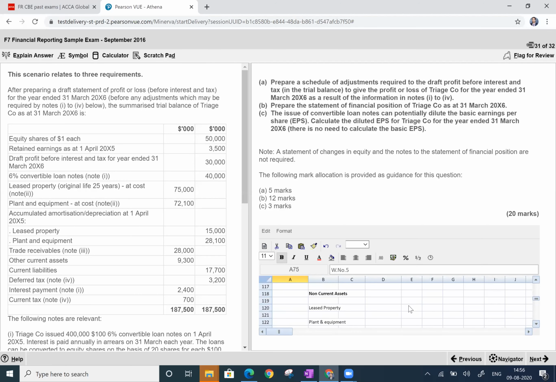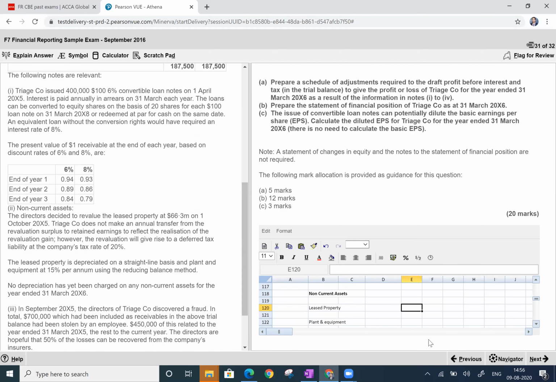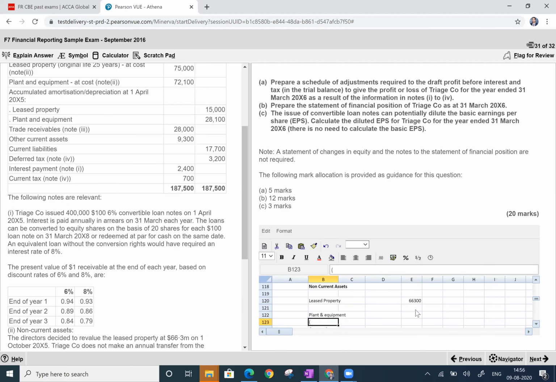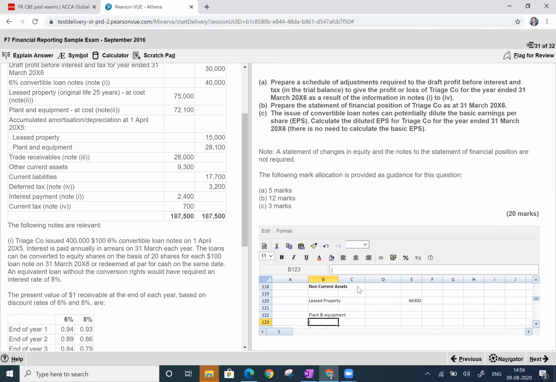Lease property you can directly take. Why? It has been revalued, so revalued you have to show in fair value 66,300. Plant and equipment we have not calculated there. So plant and equipment is 72,100. You can also show calculations there if you want. It is 72,100 minus accumulated depreciation of 2,800 minus current year depreciation of 6,600.